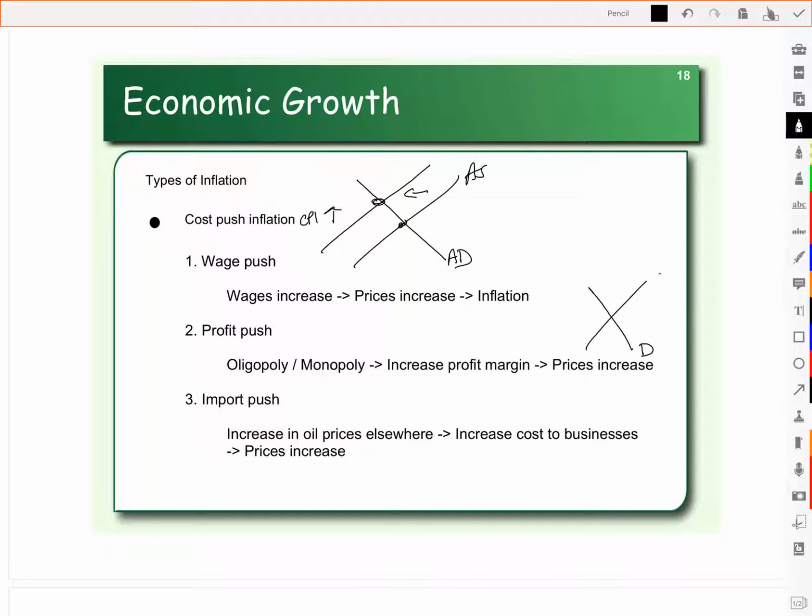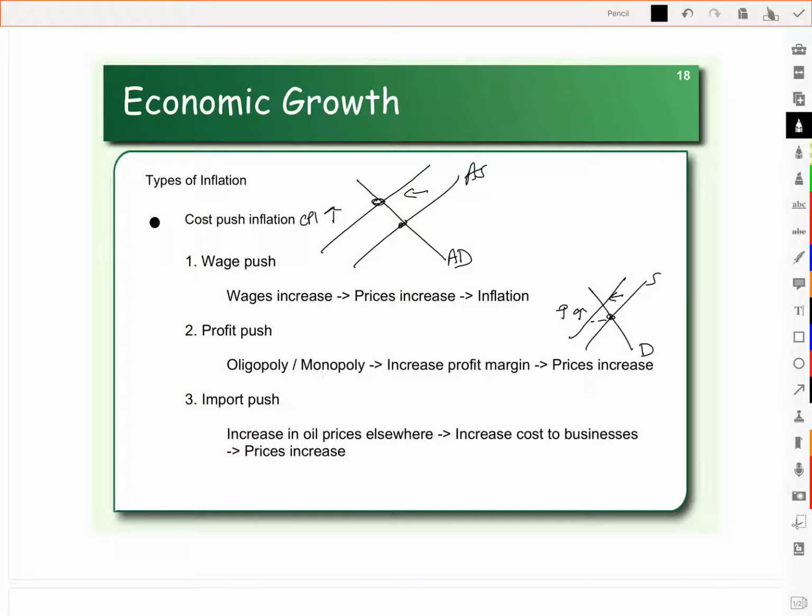So if this is a particular company, you can decrease the supply of your good on the market. That creates this shortage and drives up the price. So when companies have more market power because there's less competition, their drive for more profit can create inflation.